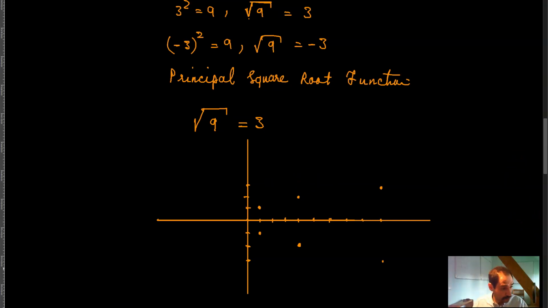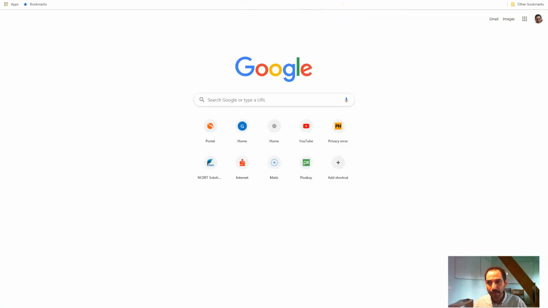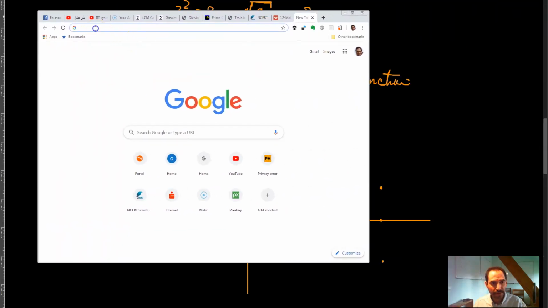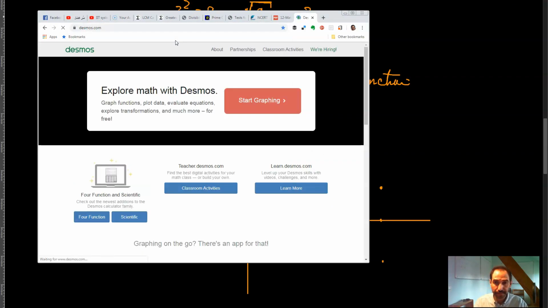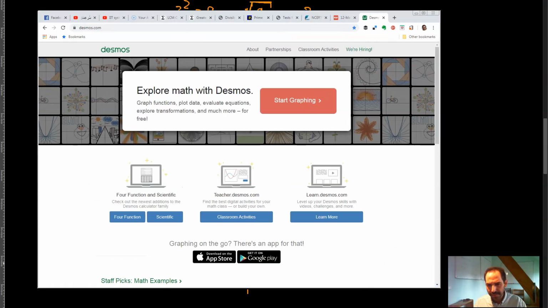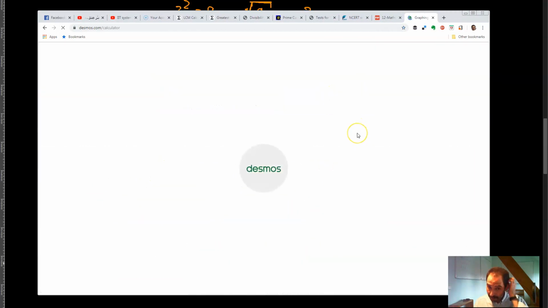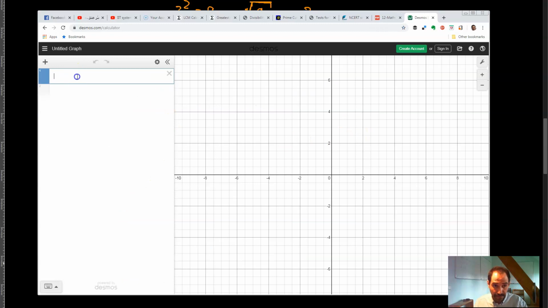So, long story short, if you use the square root function, you are going to have something like this. You can go to desmos.com and see what f of x is equal to. f of x is equal to the square root of x.